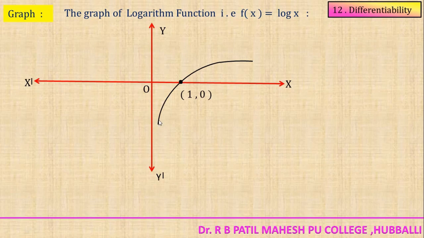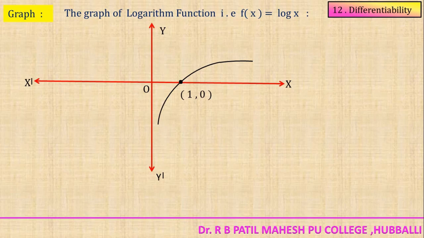As I said, as x is very close to 0, the function value is a very small, highly negative number.